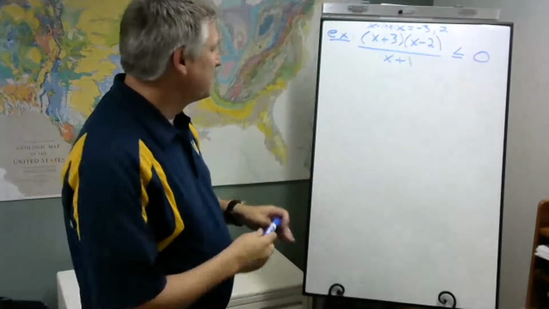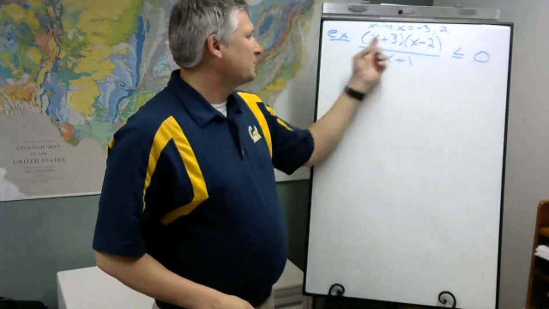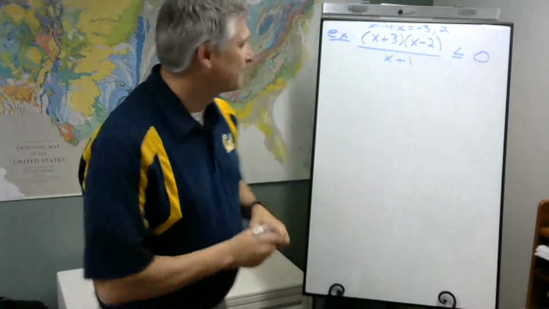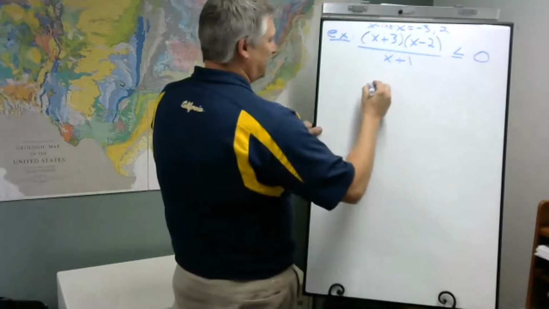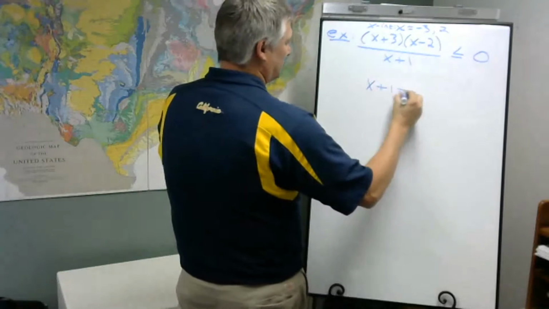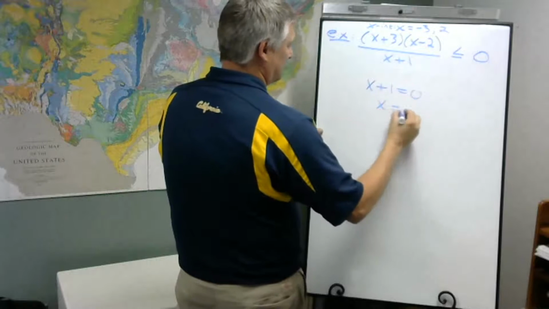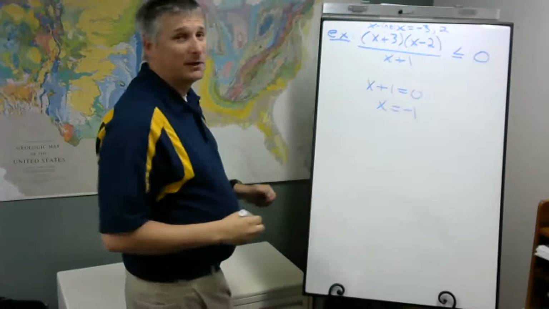Finally, the vertical asymptote. Well, this isn't going to cancel with anything up there. So find out where q of x is equal to 0. At x equals -1.